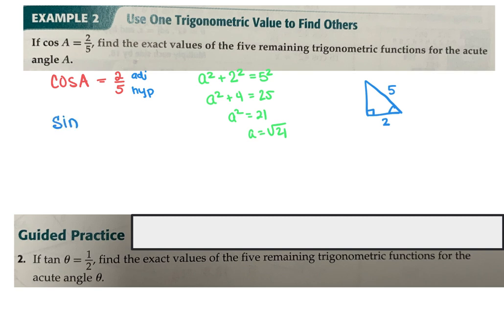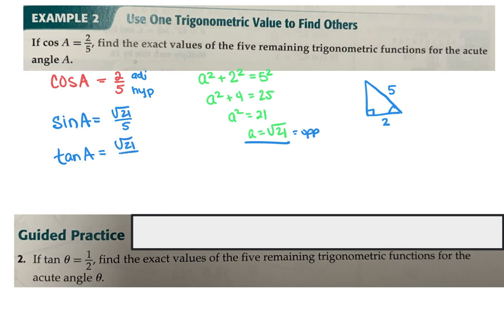That means the sine of A is going to be my opposite side, which is what I solved for, square root of 21 over 5. My tangent is going to be opposite over adjacent.